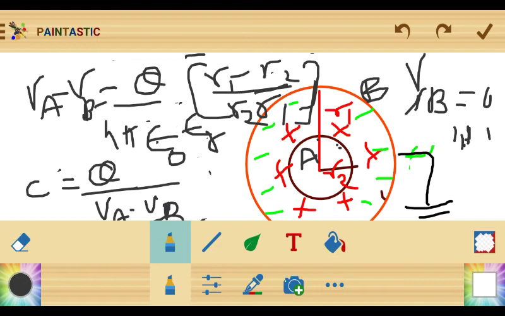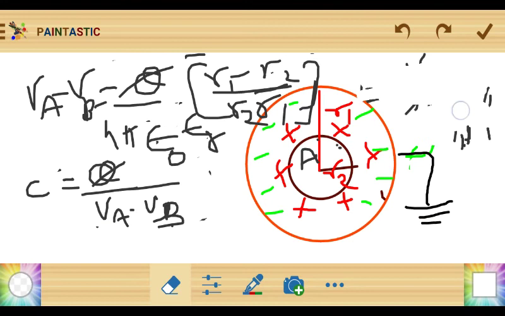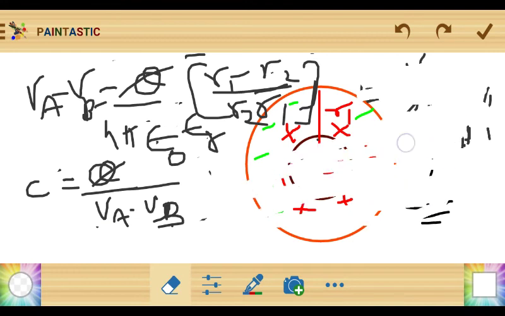So substituting the value, the Q will cancel out. 4 pi epsilon 0 goes up as it is in the bottom, Va minus Vb. So the answer will simply be, I'll remove the diagram.